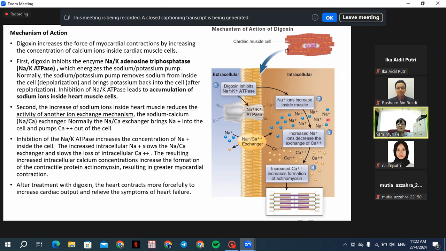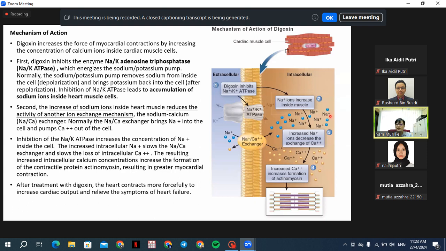So once there is accumulation of natrium, automatically this condition will reduce the ion exchange activity. Suppose this ion exchange activity is to bring in natrium and then bring out calcium.